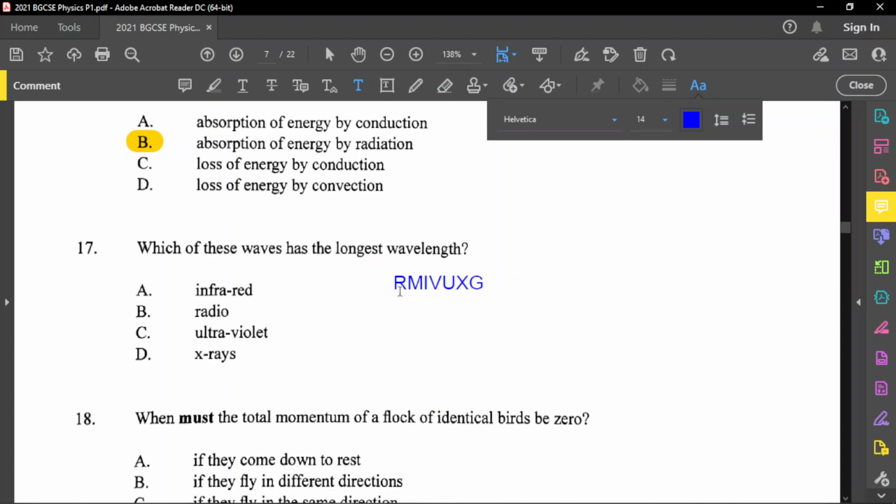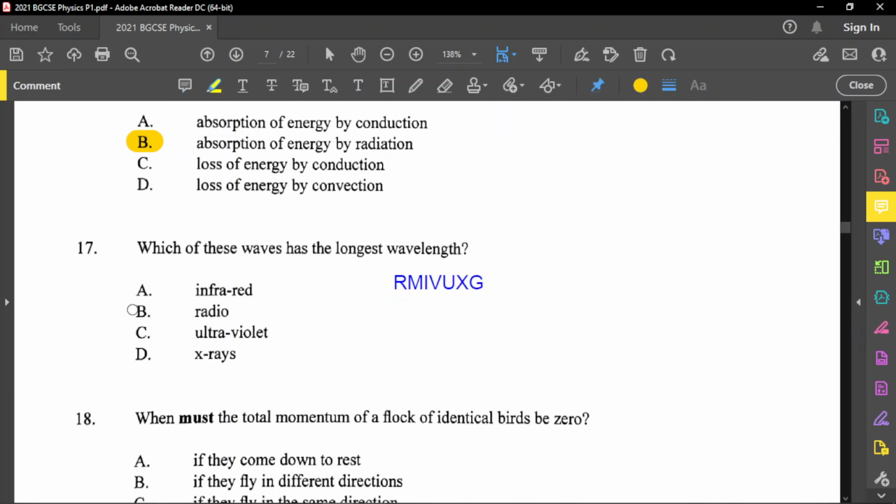Going from radio waves to gamma radiation, the wavelength will decrease going that way. So the longest wavelength must be the radio waves.